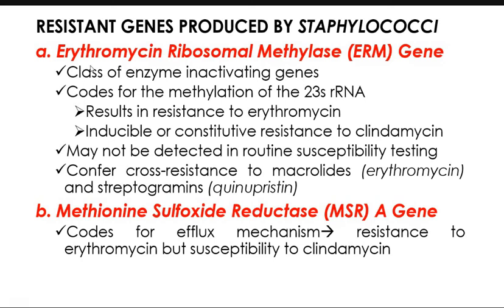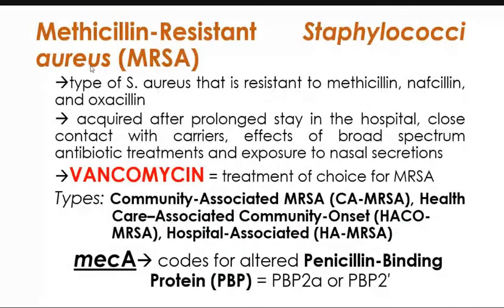That's why when we talk about the susceptibility of Staphylococcus aureus or MRSA, this can usually be done through our molecular technique, which is PCR. Another resistant gene is your MSRA gene or the methionine sulfoxide reductase, which codes for an efflux mechanism. The resistance is to erythromycin but susceptibility to clindamycin.